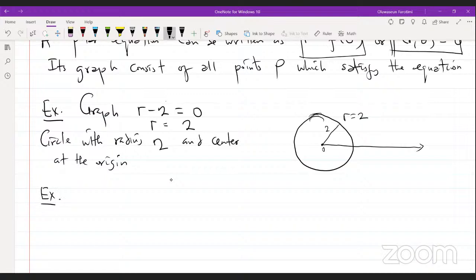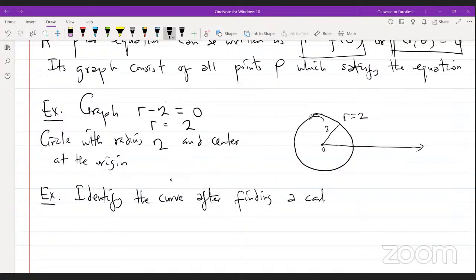Now let's do another example. In this case, identify the curve after finding a Cartesian equation for r equals 2 sine of theta plus 2 cosine of theta.